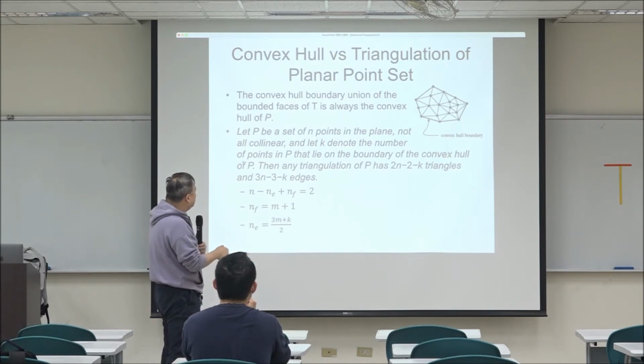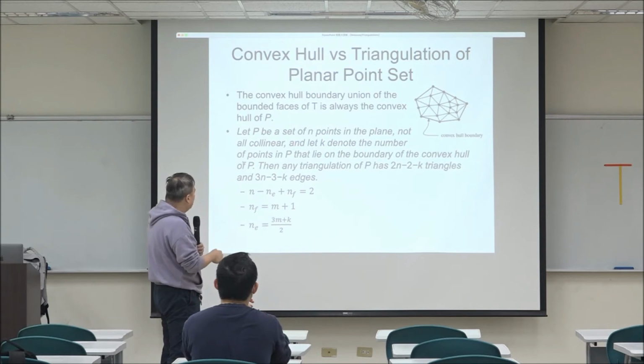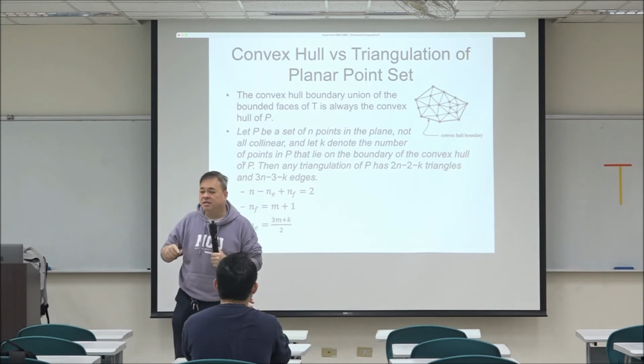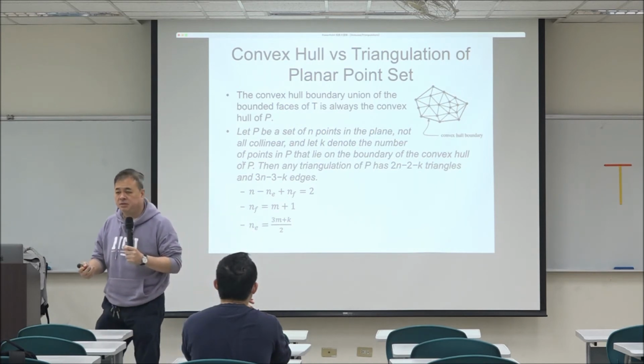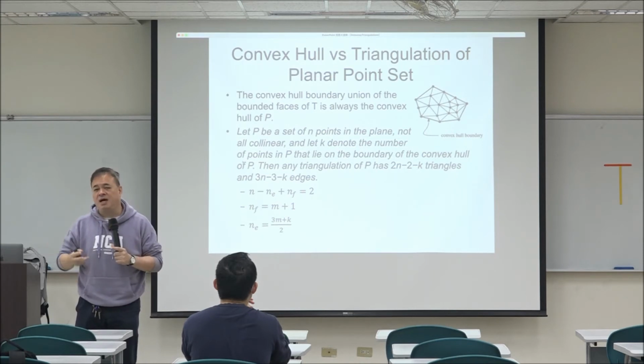Now, let P be a set of n points in a plane, not all collinear. If they are all collinear, then you cannot draw a triangle out of that. In order to draw a triangle, these 3 points cannot be on the same line.